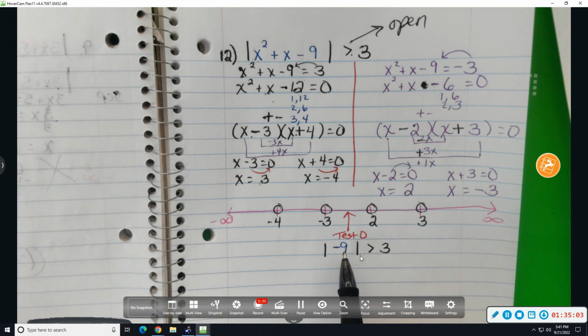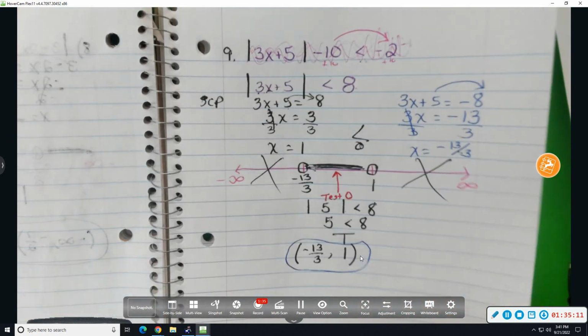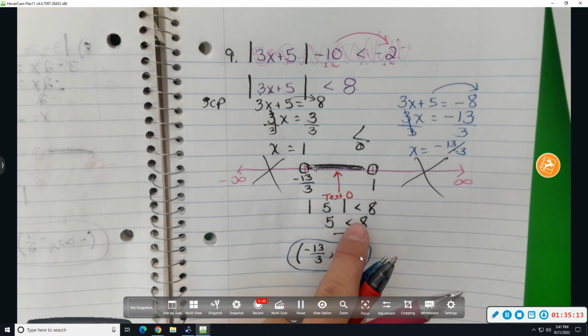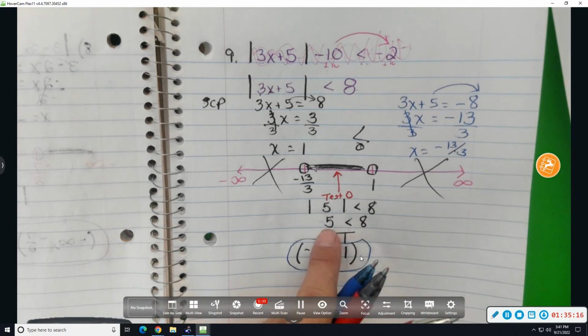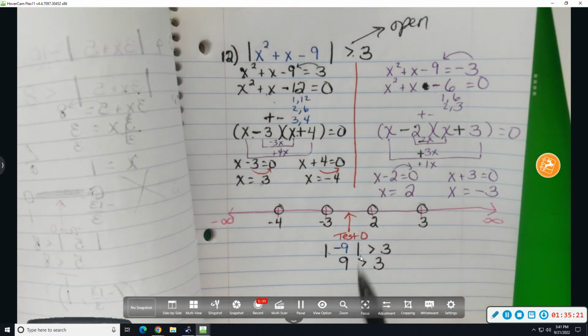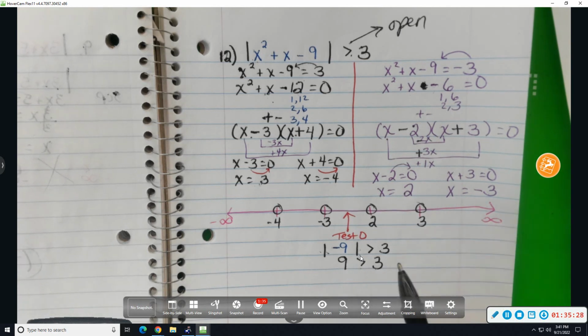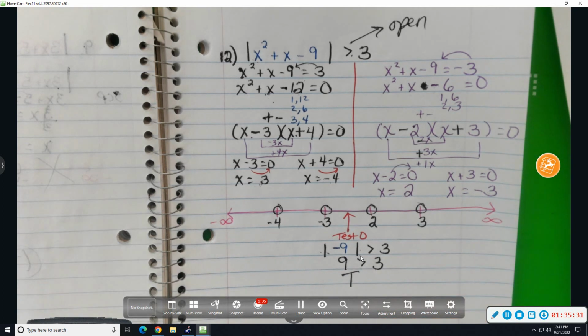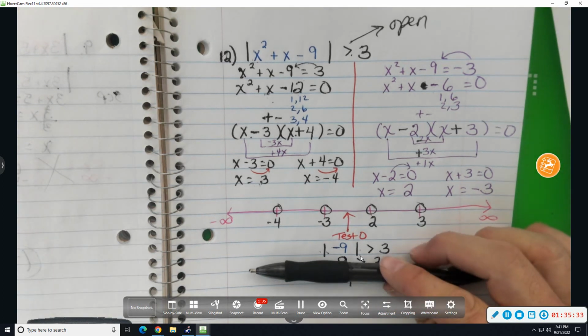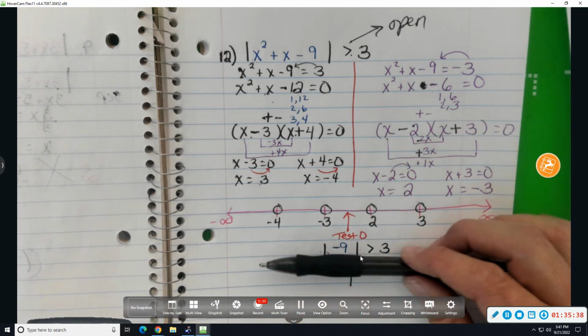What's the absolute value of negative 9? It's 9. Now we have 9 is greater than 3, true or false? True. It's very, very tempting once you see this negative 9 here to say false. But you've got to take the absolute value first.